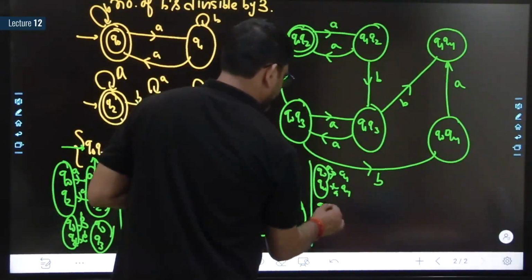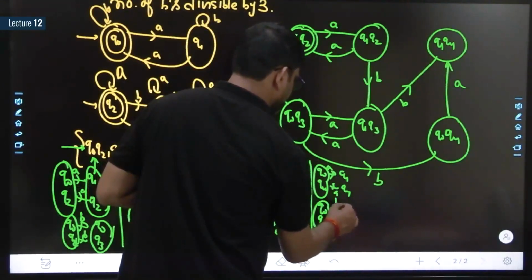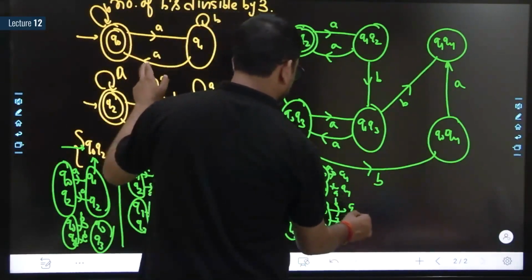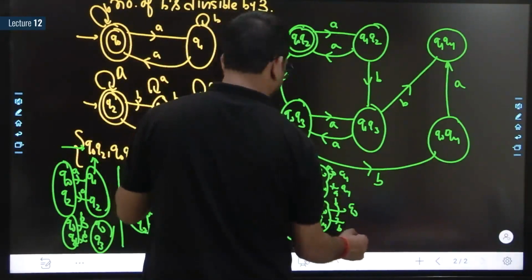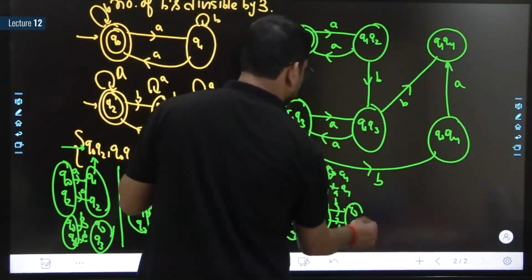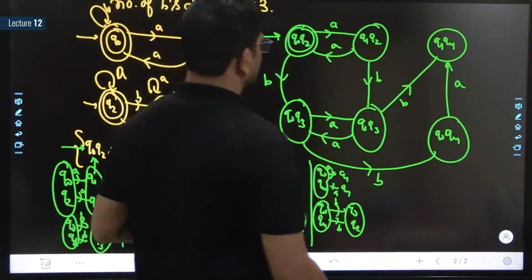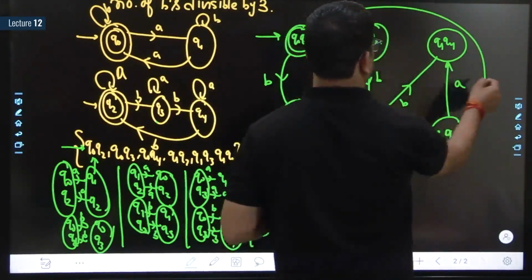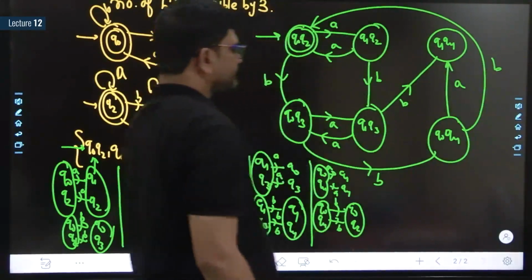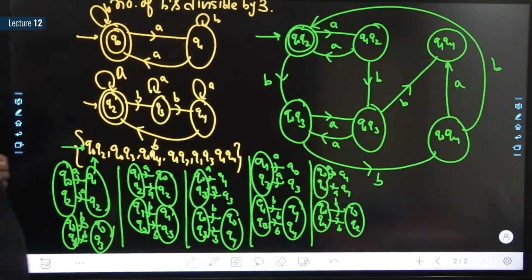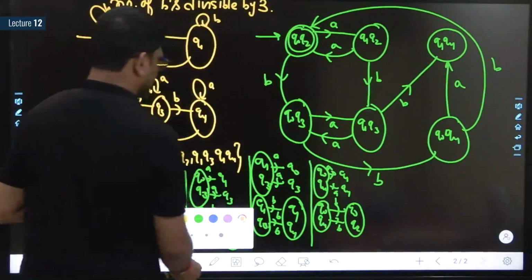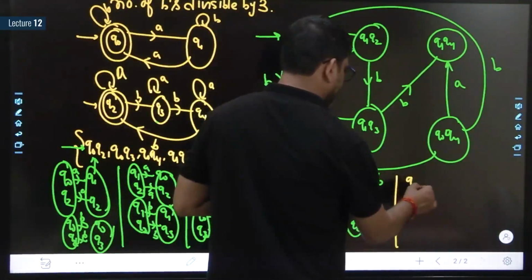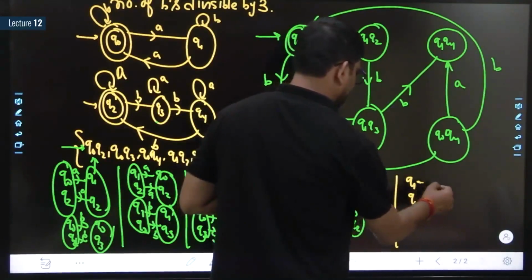Q0Q4 on B: Q0 on B stays Q0, Q4 on B goes to Q2, so Q0Q4 on B goes to Q0Q2. This is on B. Now we have left only one state, Q1Q4.